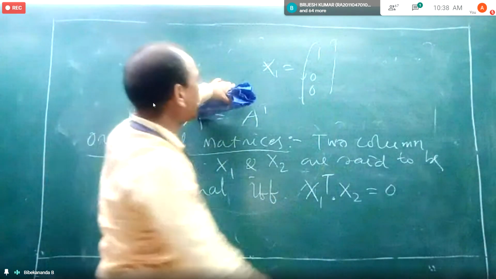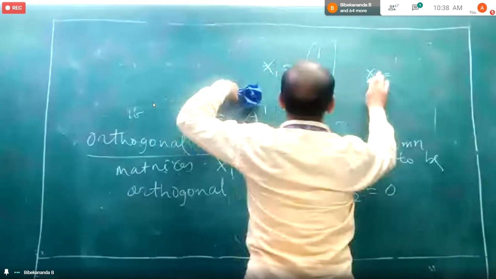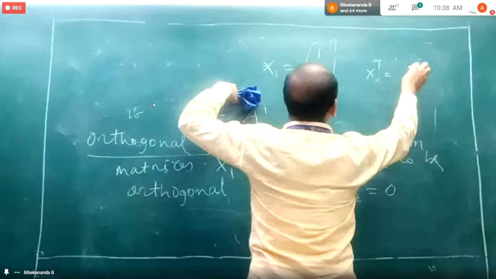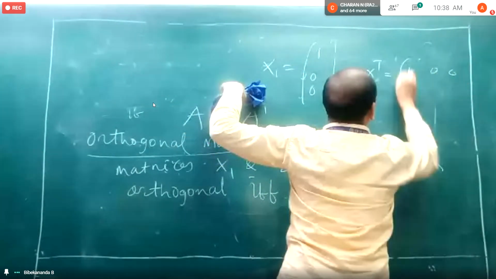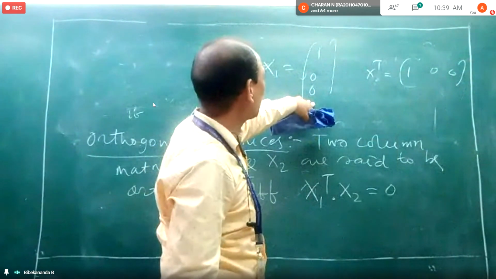What is the transpose of this one? x1 transpose will be 1, 0, 0. So we will have 1 here, so it is not possible.